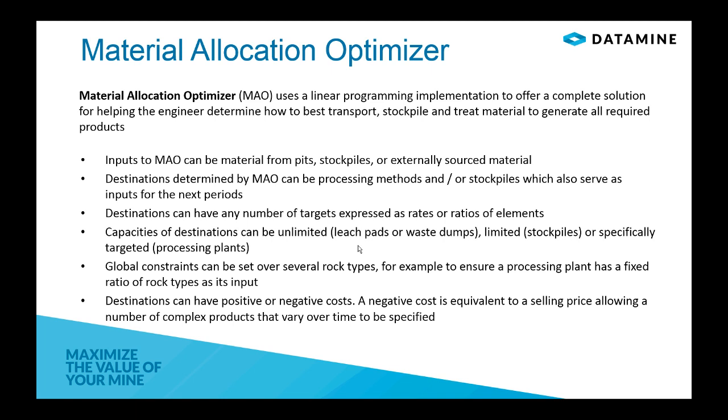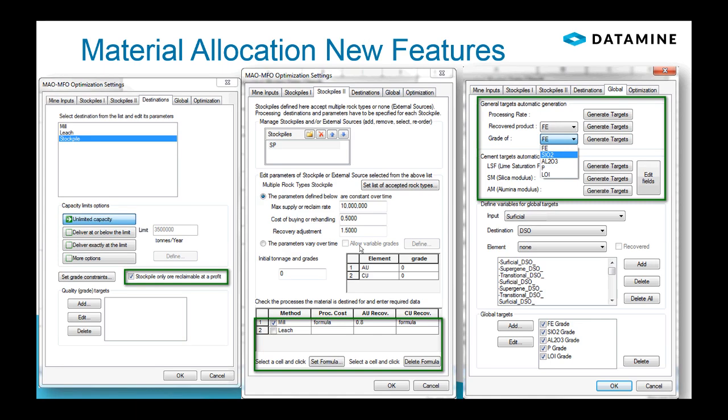What we have added within the material allocation optimizer is the ability to stockpile only reclaimable material. In the past, the users needed to manually select the cutoff grade of the material that can be accepted to different stockpiles, which is both time-consuming and probably inaccurate in many situations.